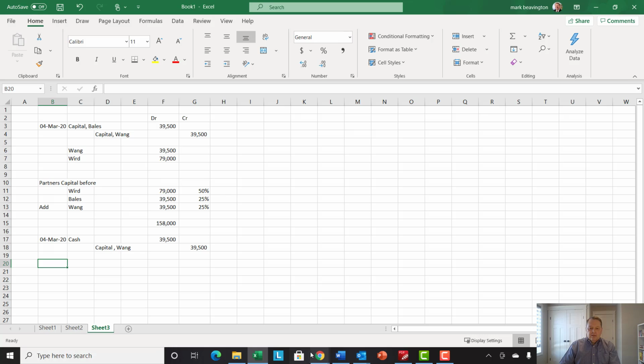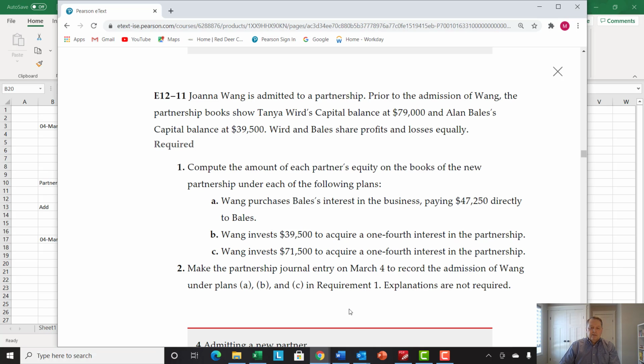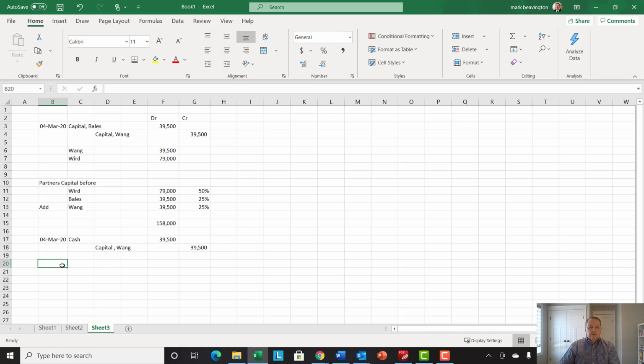All right, third part in here, let's go back to the question. Wang invests $71,500 to acquire a 1/4 interest in the partnership. So let's have a look.